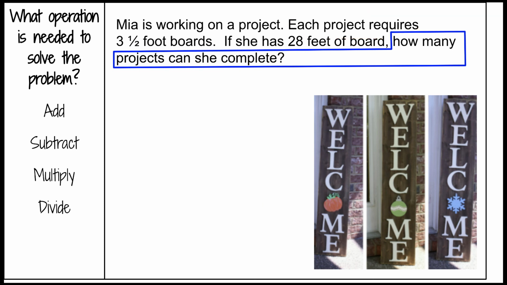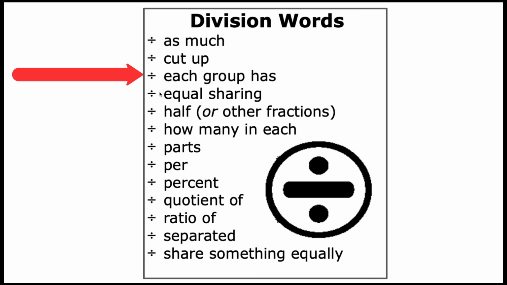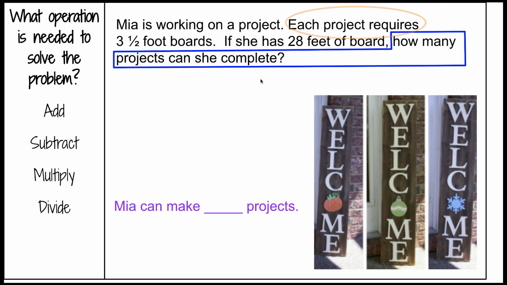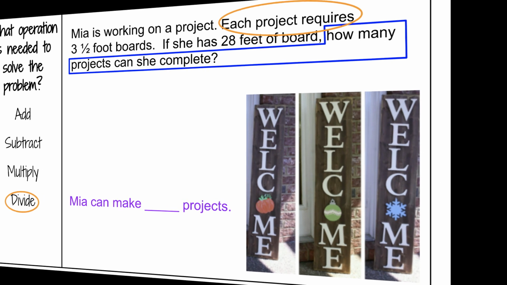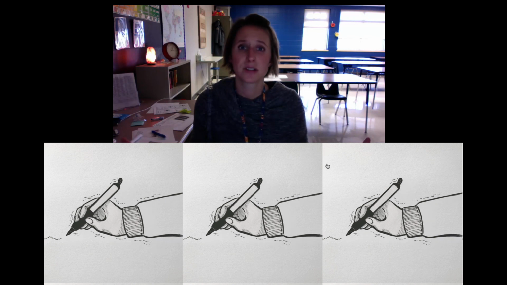If I go back to my key operation for division, you can see each group has. Each group here is the project. Each project requires 3.5-foot boards, equal grouping. This is a division problem. I'm going to have to divide. Now, sometimes 7th graders, the keyword, key phrase doesn't stand out to you. So when in doubt, draw it out.